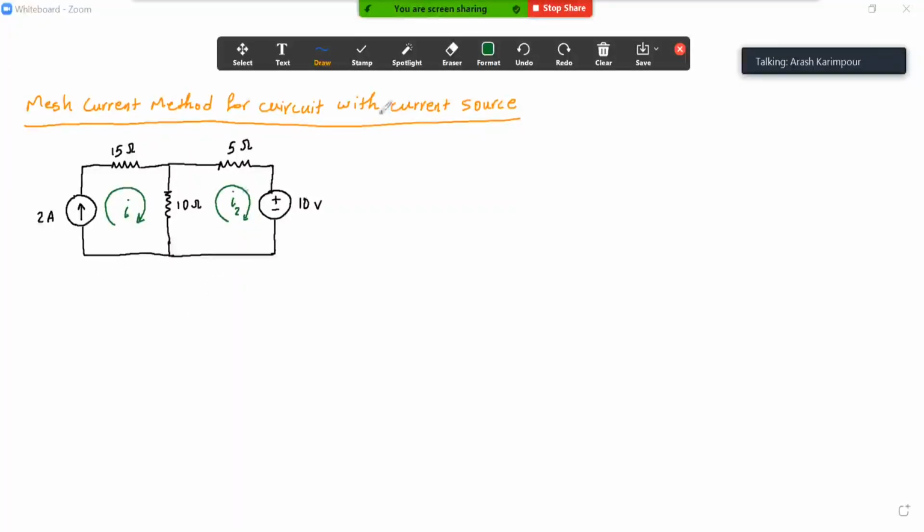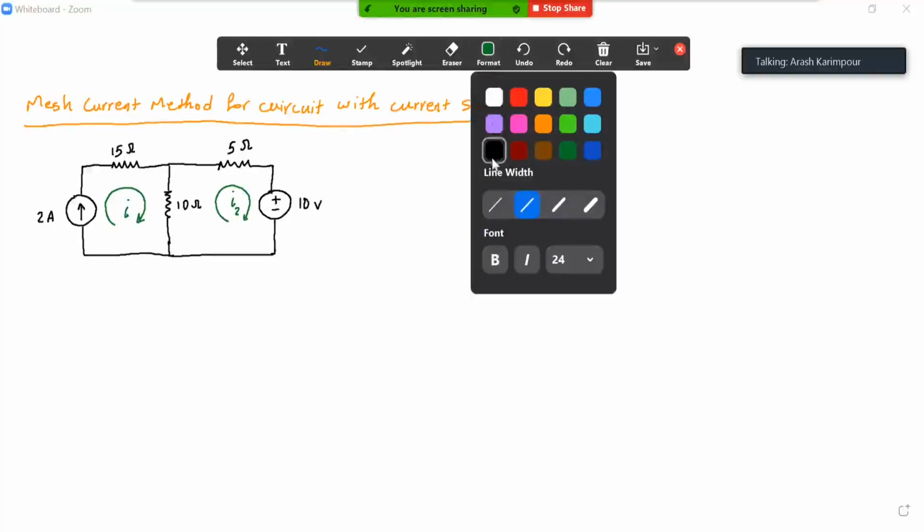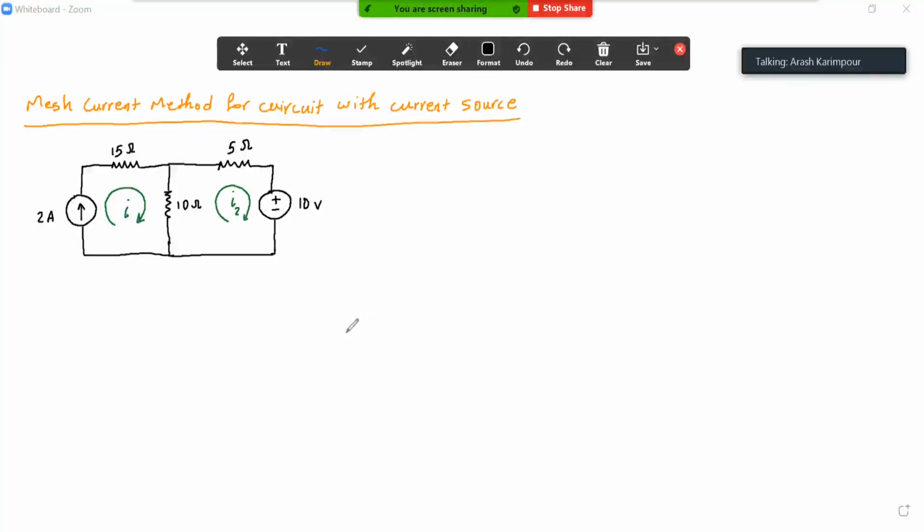The next step is that for each of the loops, I should write the KVL. I first start to write the KVL for the right one, the second loop here.